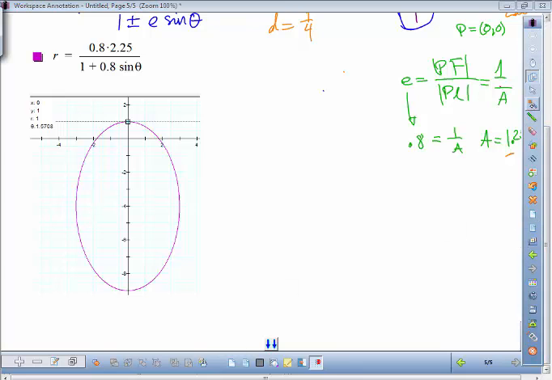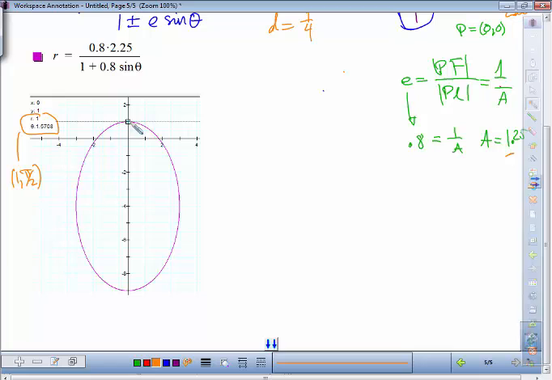So we found this is your 1 comma pi over 2 polar coordinate point. This is your vertex. This is your focus.